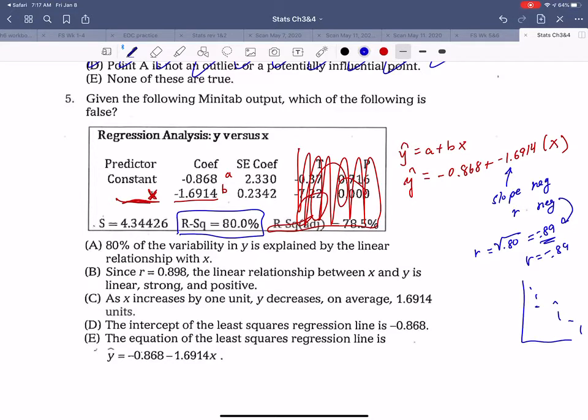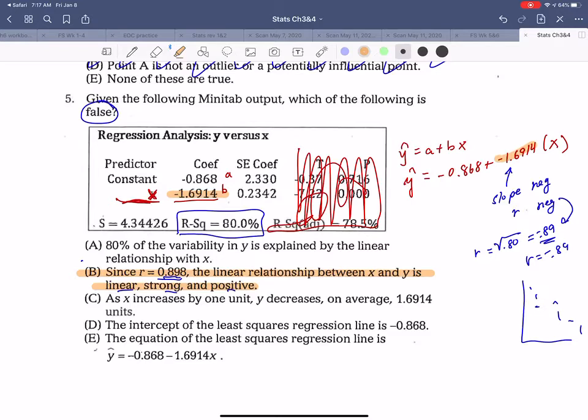All right, looking at my choices, it says, since r is, no, I don't like that one, right? Since r is this, the linear relationship is linear, strong, and positive. Yeah, so it says which one is false? So we know that one is false because we know r is negative because here that is our slope.